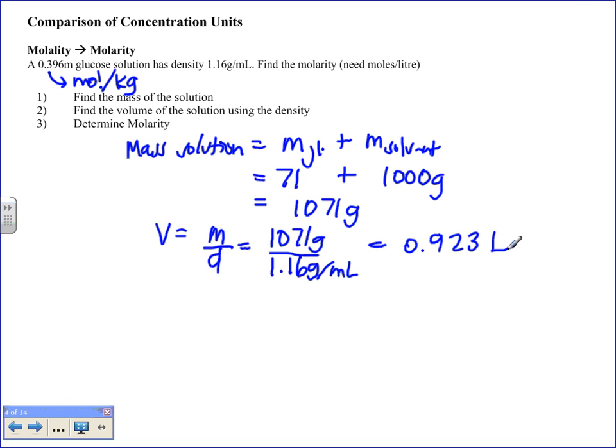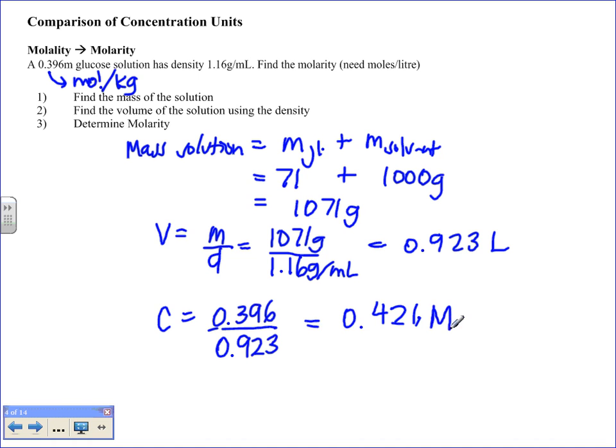So now I'm prepared to find the molarity, or the concentration. The moles that I have is 0.396, and I've got 0.923 liters of solution. So the molarity of this solution is 0.426.